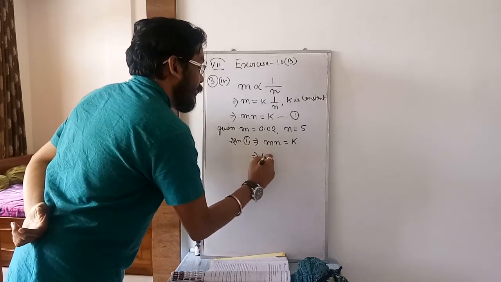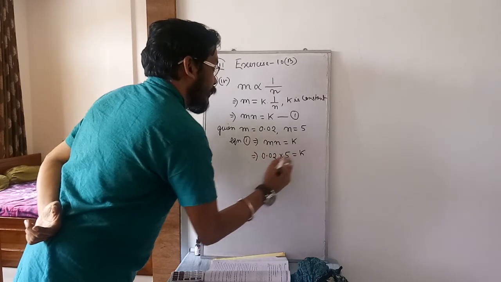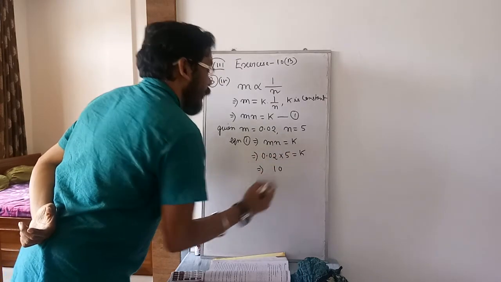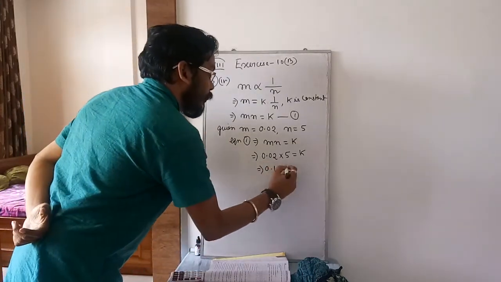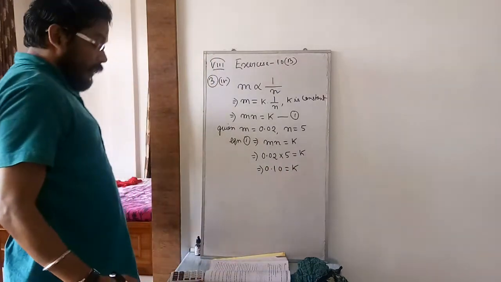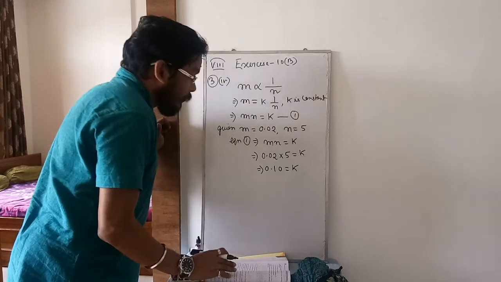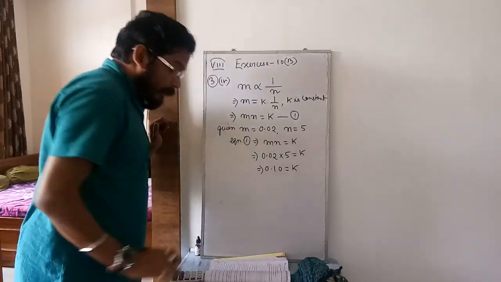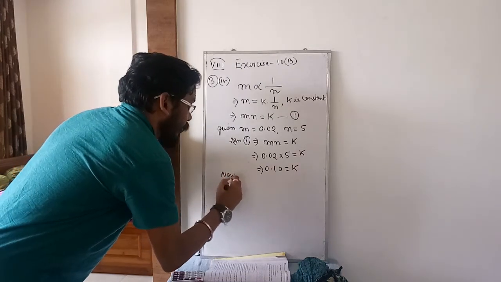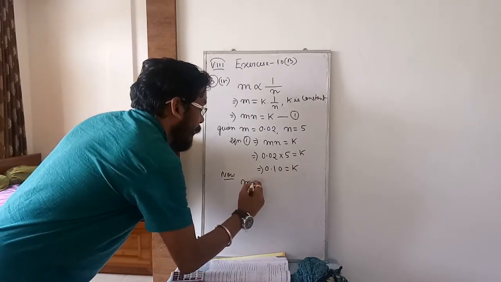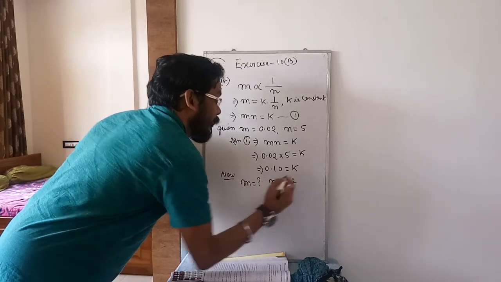So let me write equation 1. Your M value is 0.02 into 5 equal to K. 5 2s are 10, decimal before 2 digits. Okay, equal to K. Got it? Second case, N value given 0.2, you have to find out M. Now you have to find the value of M. M equal to question mark, N given 0.2.